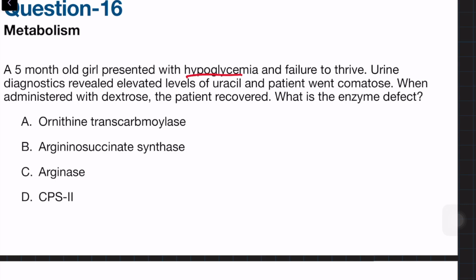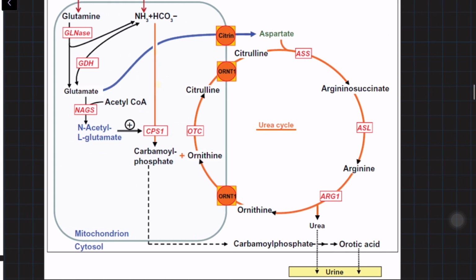A 5-month-old girl presents with hypoglycemia and failure to thrive. The uracil level is elevated and the patient went comatose. When administered dextrose, the patient recovered. What is the enzyme defect? Okay. See the options. All the enzyme defects are urea cycle defects. So we need to take a look at the urea cycle.